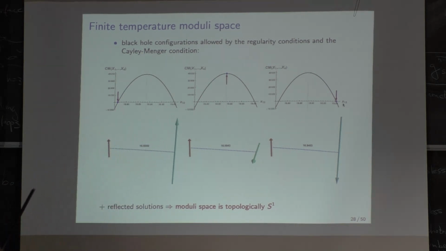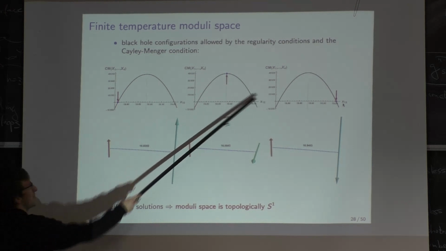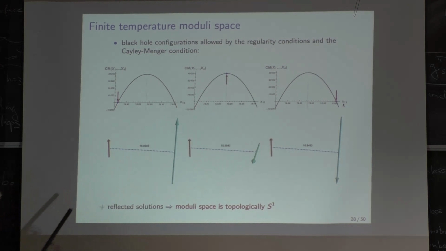So far we're describing the space of solutions in terms of distances. But now to go from distances to Cartesian coordinates, you have to also solve for these coordinates. So you're going to find that you actually get two families of solutions. And the other family of solutions is going to be exactly the same moduli space, but with the arrow reflected in the other direction.